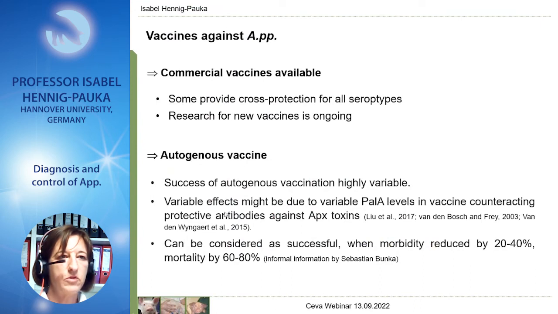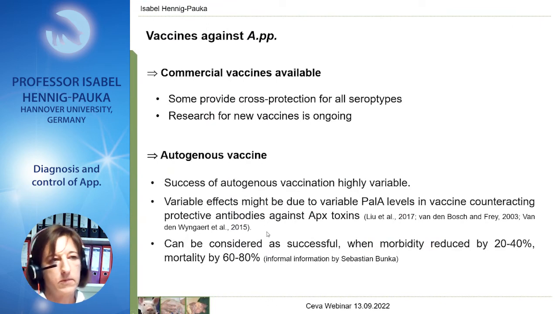Specifically, this might be due to levels of this protein, PalA, which has been found to counteract protective antibodies against Apx toxins. And these antibodies we want to have because they would be protective. But there might be other effects specific to the farms why autogenous vaccines might not help.